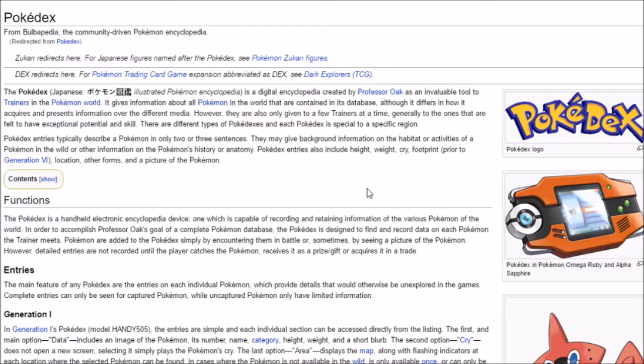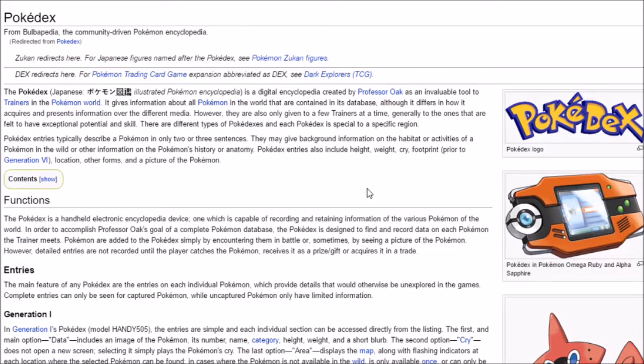All the information on each Pokemon, which includes height, weight, cry, footprint in certain generations, location, area, other forms, and a picture of the Pokemon, is revealed to you as you either see a Pokemon, and more so if you catch a Pokemon. But the thing that I am specifically referring to is the 2 or 3 sentences that typically describe Pokemon in their Pokedex entries.